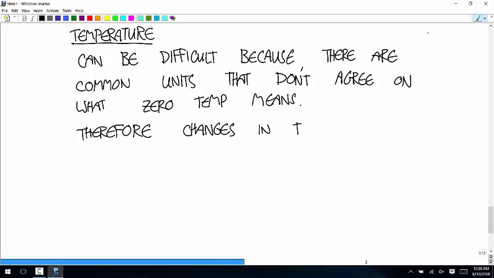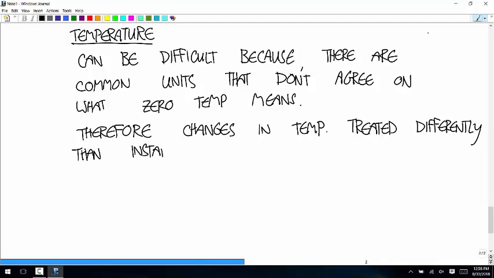Changes in temperature have to be treated differently than instantaneous temperatures.